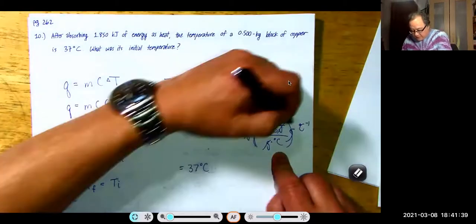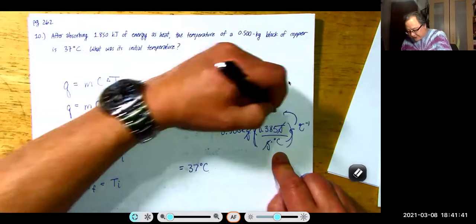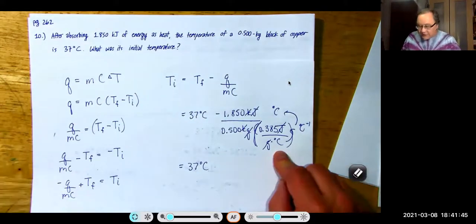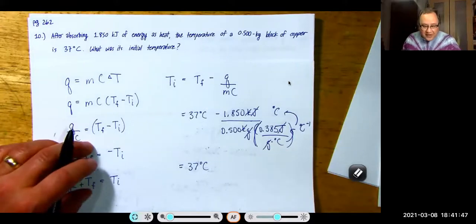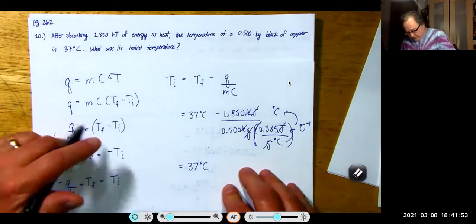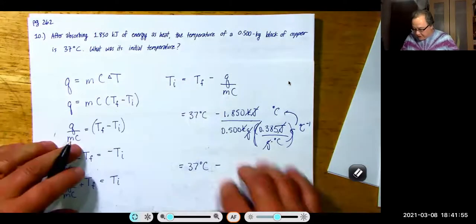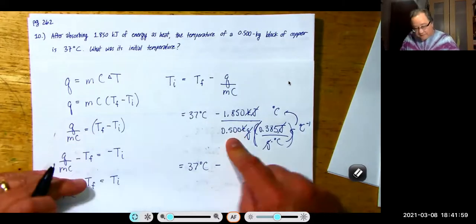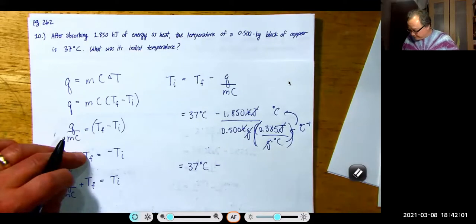And then when you put it above this line, it becomes degrees Celsius. So I have this saying where I say, for a unit, if you cross the line, you change the sign. Well, when you do a double cross, you don't change your sign. So we plug all these numbers in and we get 1.85 divided by 0.5 and divided by 0.385.